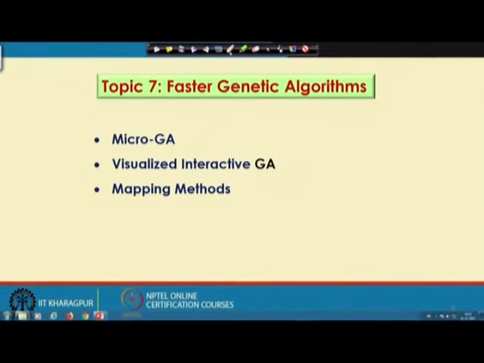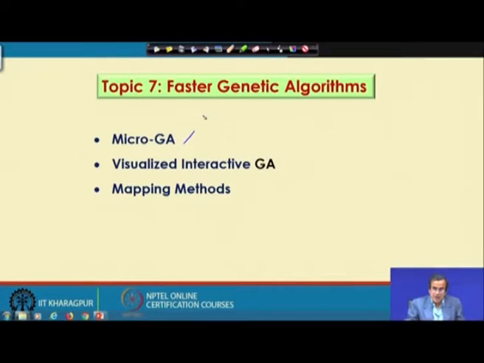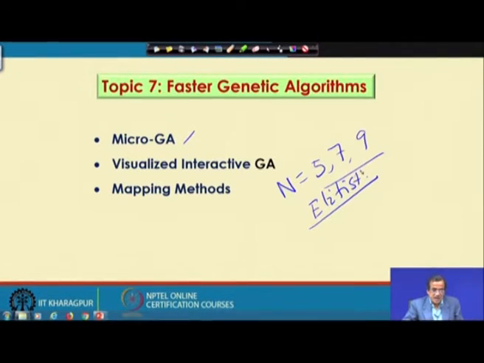Now, this micro GA is a typical genetic algorithm where we use a small population size, and generally this population size is kept equal to, say, 5, 7, 9, something like this, some odd value. Here we take the concept of elitism, and this is a small population genetic algorithm.